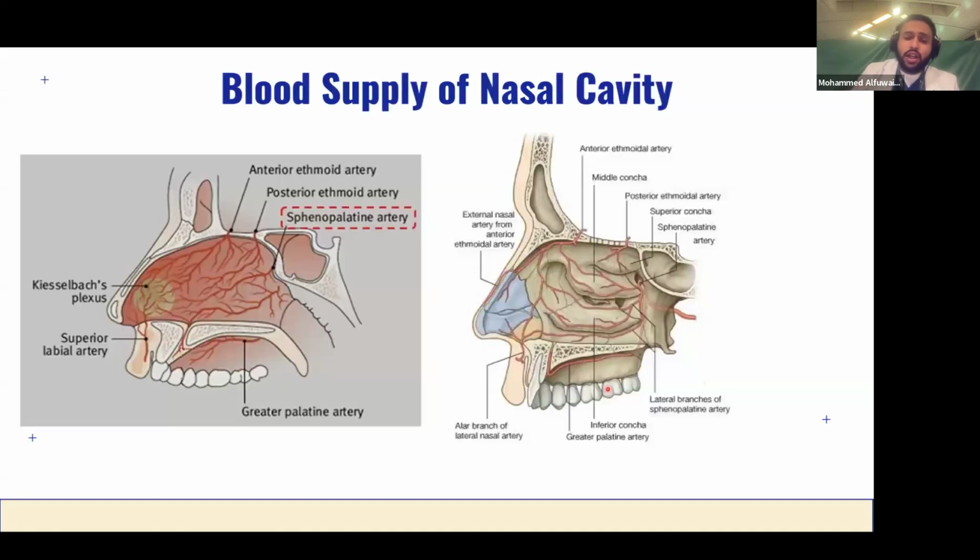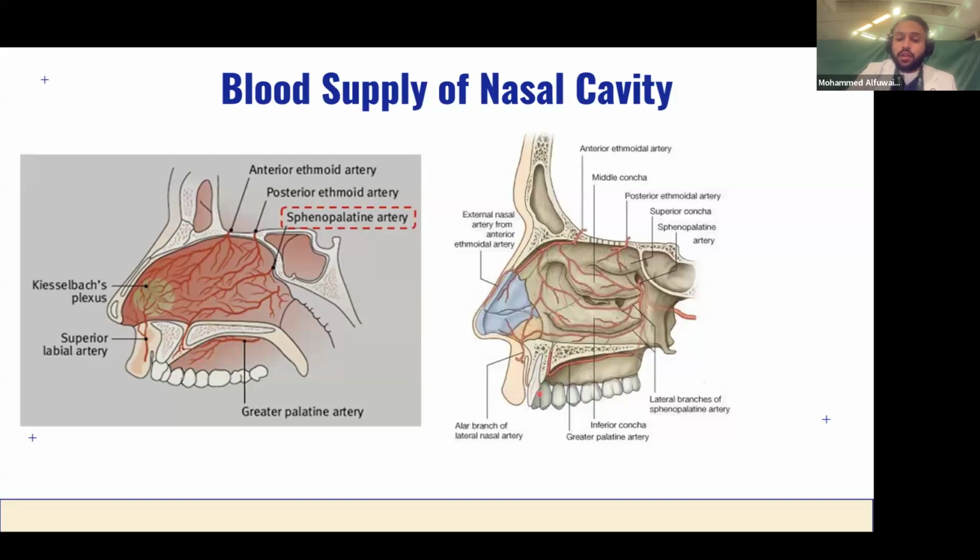Tamam. Now going into the last concept of the nose, which is the nasal cavity blood supply. The blood supply is by both the internal and external carotid artery. So the internal carotid artery will give off the ophthalmic artery, which will give off the anterior and posterior ethmoidal artery. So the anterior and posterior ethmoidal artery will go into the nasal cavity and then supply the septum. This is from the internal carotid.